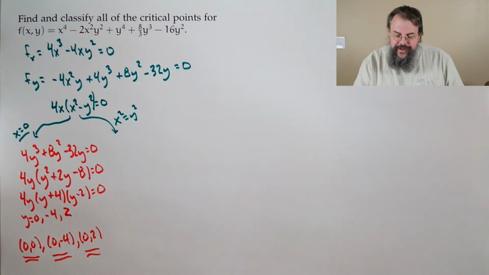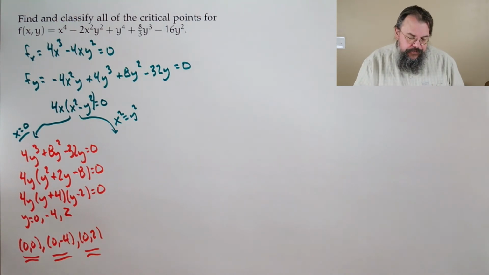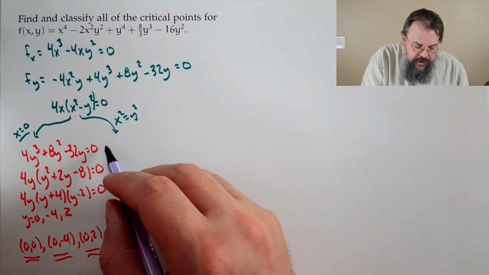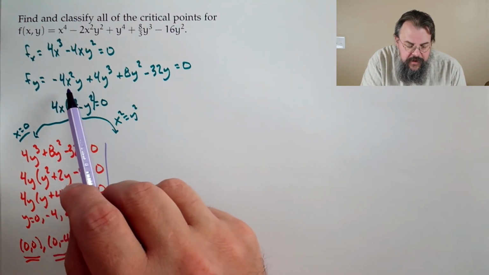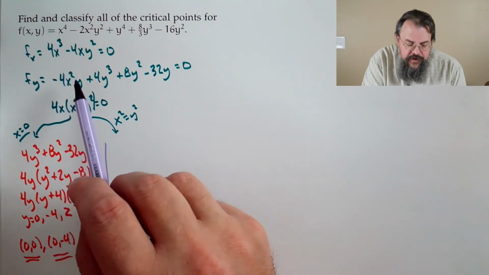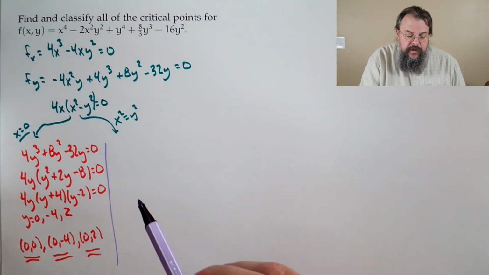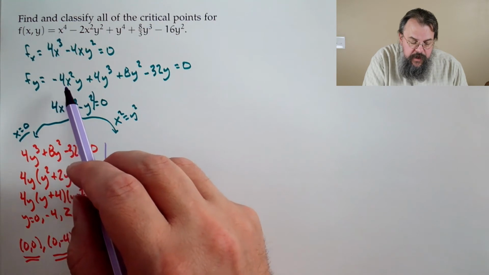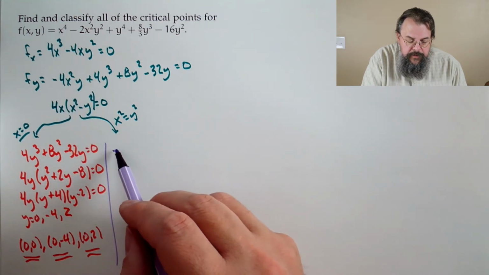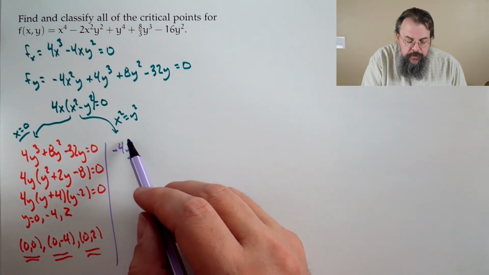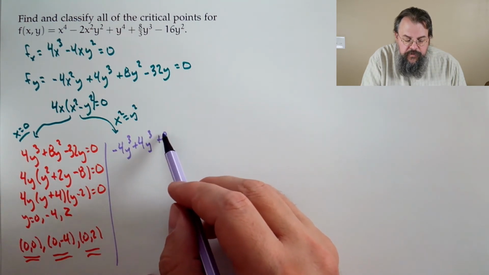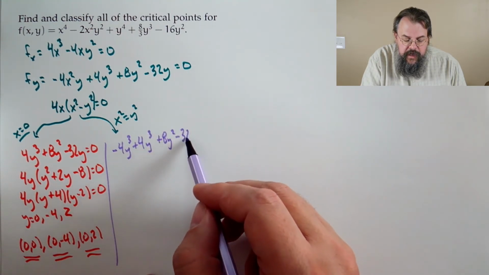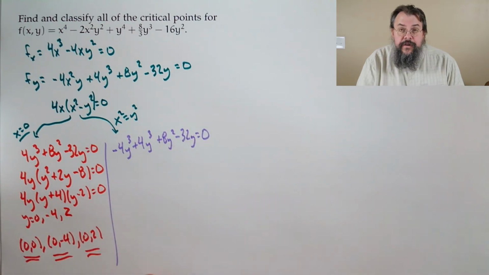So going down the other way, x squared equals y squared. Now, notice we already observed, look, x only shows up in one place, as x squared. So if we replace x squared by y squared, that becomes minus 4y cubed plus 4y cubed plus 8y squared minus 32y equals 0.